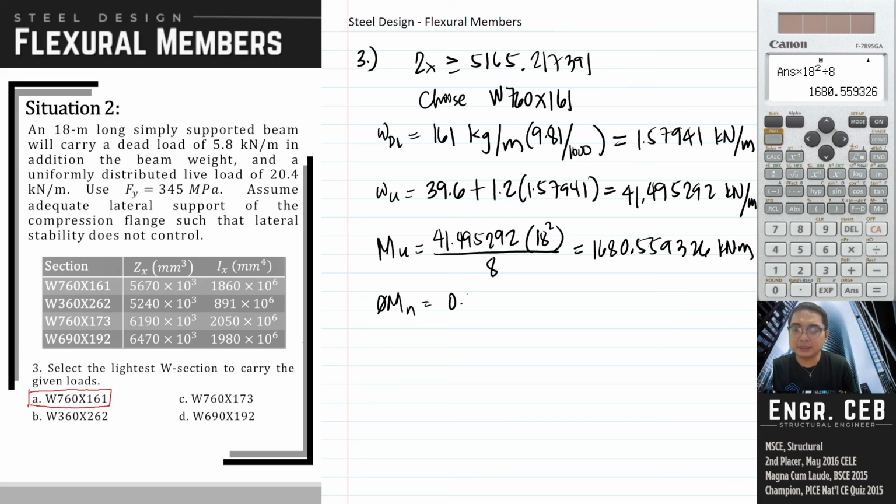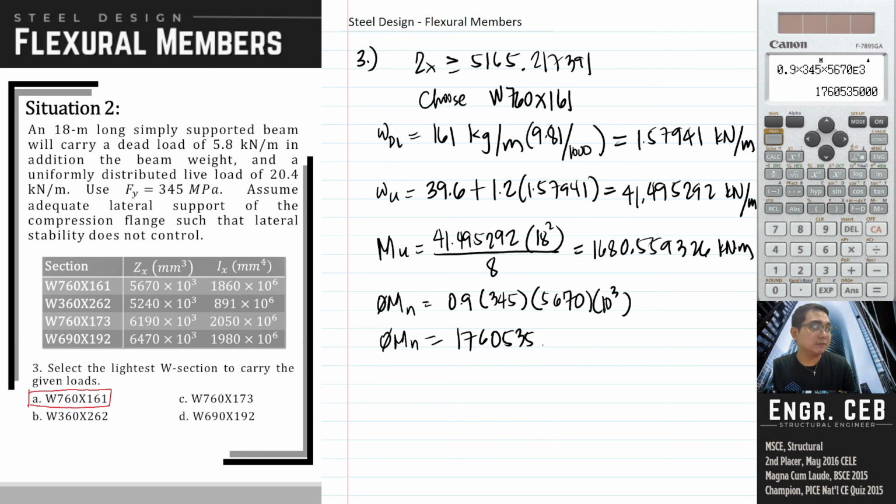We compute for the new capacity phi Mn. So we have 0.9 times Fy, which is 345, times Zx of the new section, that is 5670 times 10 cubed. So the new capacity is simply equal to 1,760,535,000 Newton millimeter.